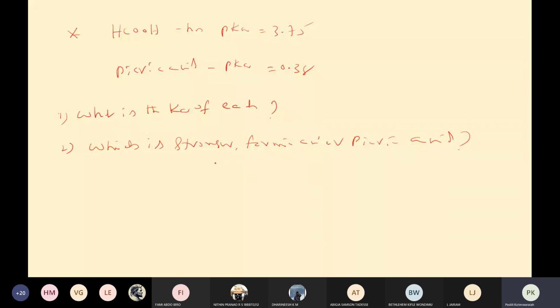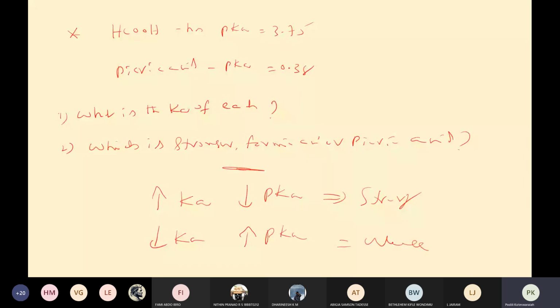We need not do any calculation for this, as we already said that higher Ka, lower pKa is a strong acid, or lower Ka, higher pKa is weak.